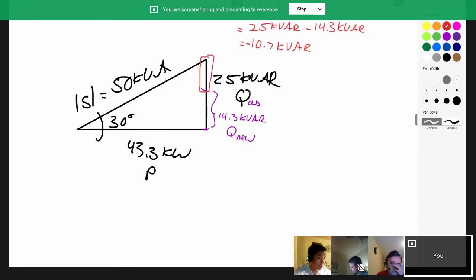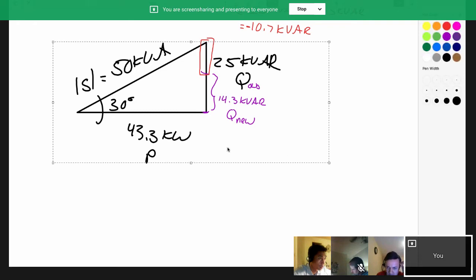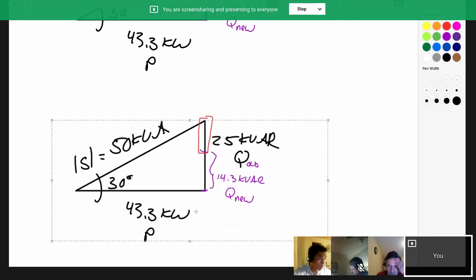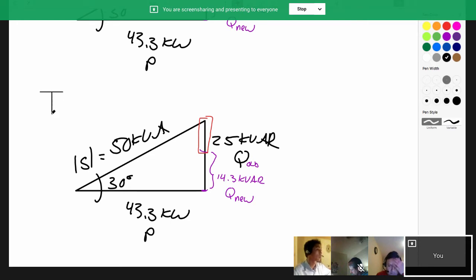In other words, I'm going to copy this again really quick. This system that we started with, that was our motor, operating at 50 kVA at an angle of 30 degrees, and we said it was three-phase, 480 volts.